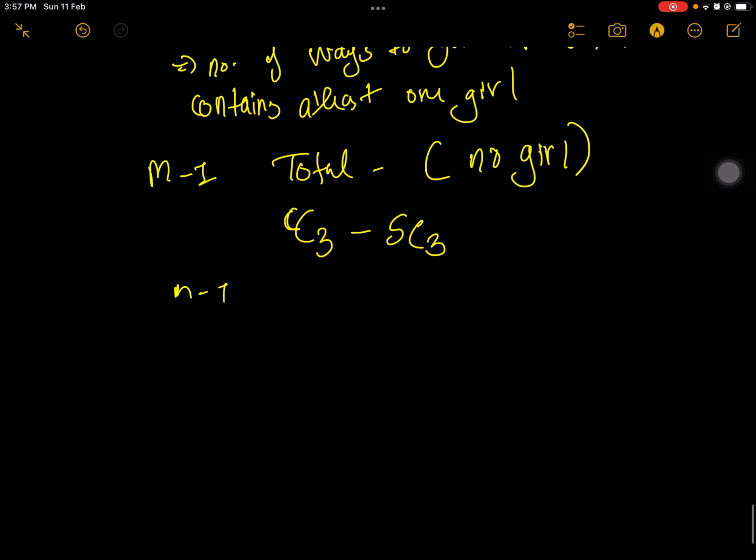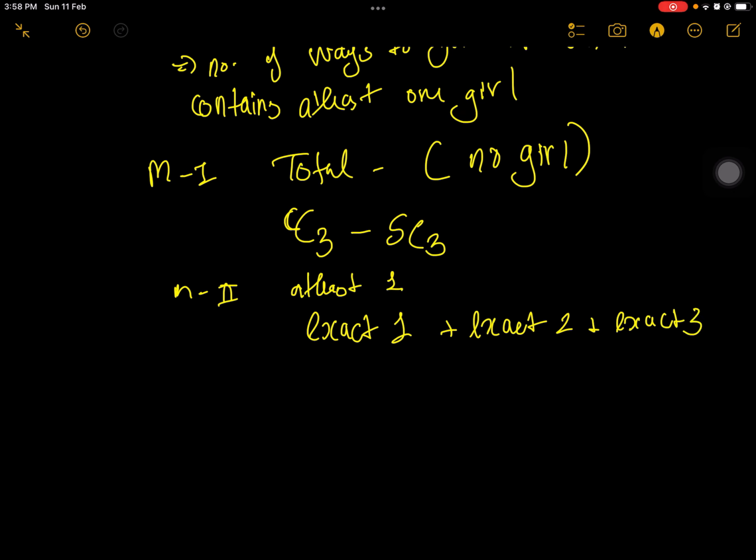Method 2, I'm going to say at least 1. So you can make cases for exact 1 plus exact 2 plus exact 3. So that is 3C1 into 5C2, 3C2 into 5C1 plus 3C3.